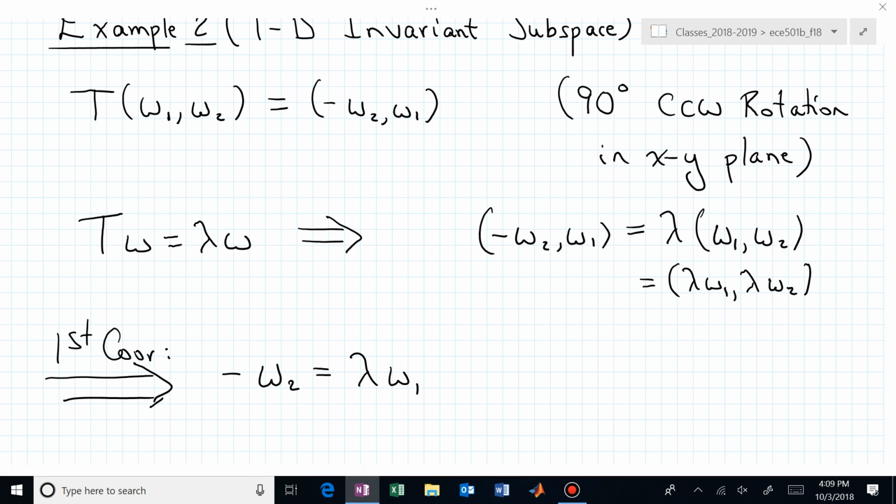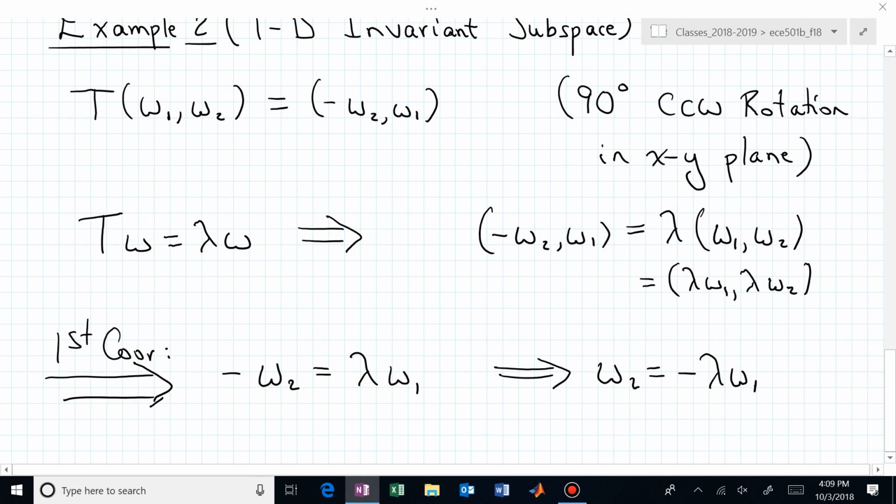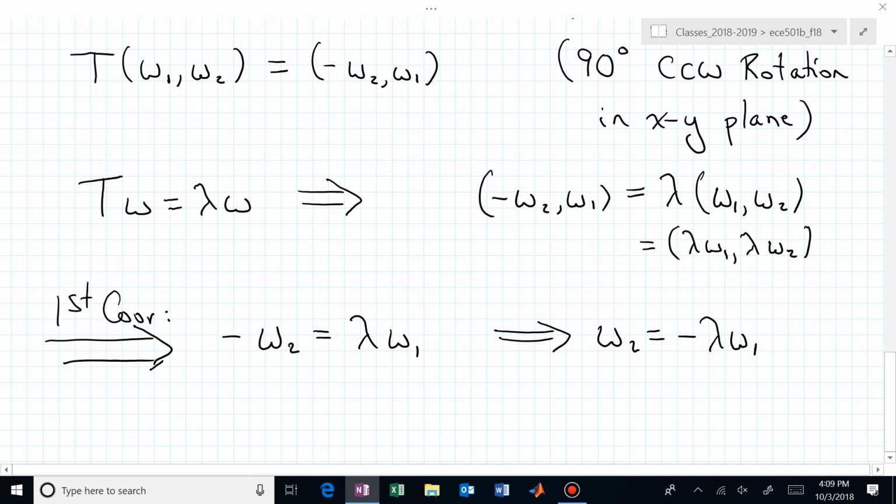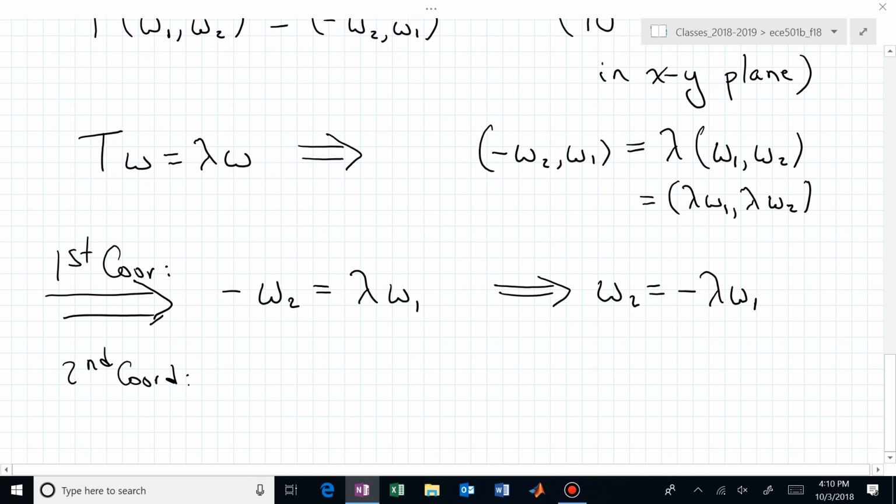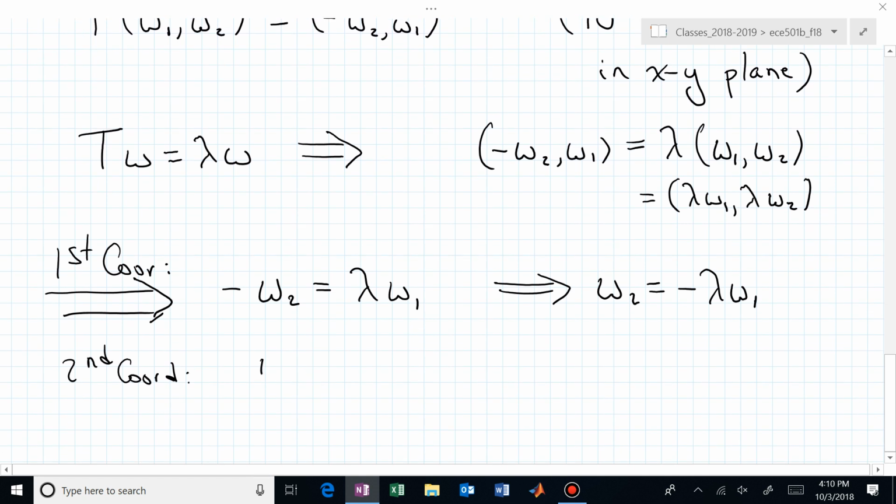Or if we want to get rid of the minus sign in front of the w2, w2 is minus lambda w1. That's from the first coordinate. The second coordinate now gives us w1 is equal to lambda w2.